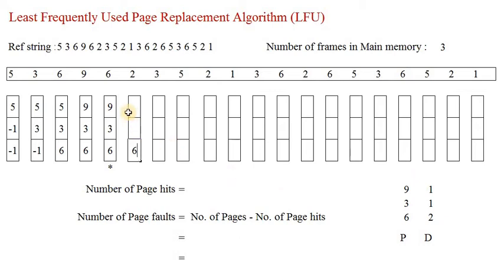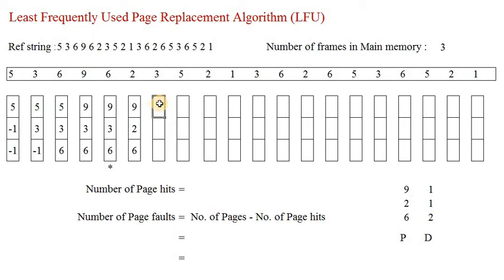Out of 9 and 3, which came first? 3 came first, so 3 will be deleted and 2 will be inserted into the main memory. That means 3 will be replaced with 2 and 9 as it is. I'm writing here, replacing the page ID with 2, and for 2 the degree is 1.